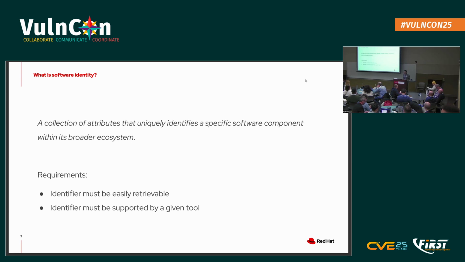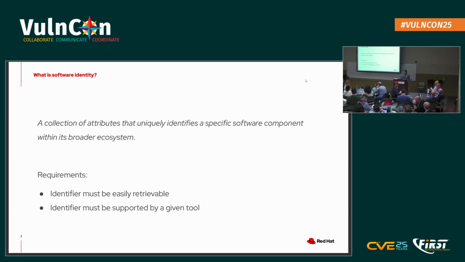So when we talk about software identity, what does that actually mean? Essentially, we're trying to identify a set of attributes that we can assign to something to be able to identify it within its broader ecosystem. And the broader ecosystem here is doing a lot of hand waving because essentially we care about the topic of identity within a specific scope, right?